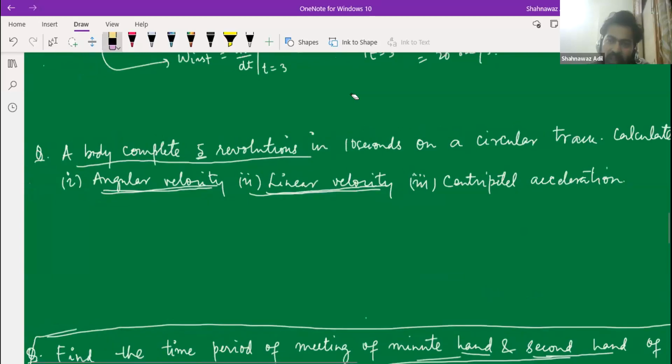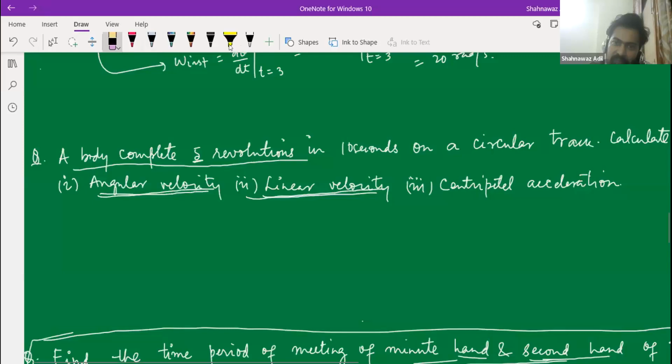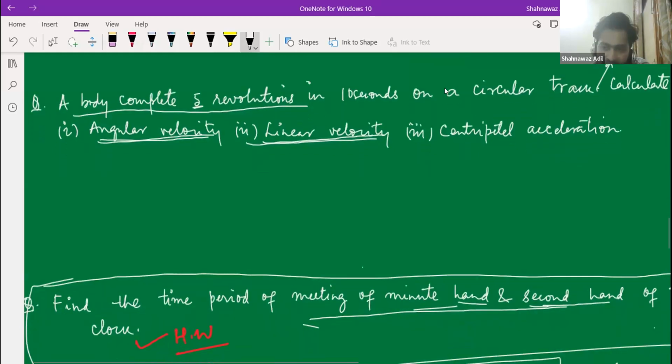Radius is not given. So let's say that the radius of the circular track is r, right? The question says a body completes 5 revolutions in 10 seconds on a circular track. Calculate angular velocity, linear velocity, and centripetal acceleration. So these things we have to calculate, right?